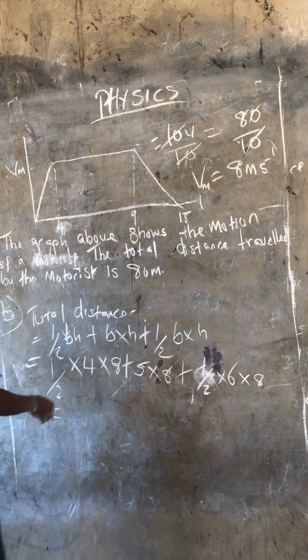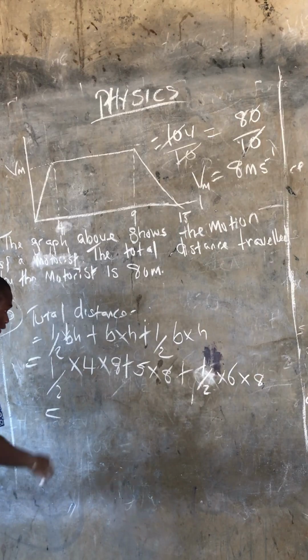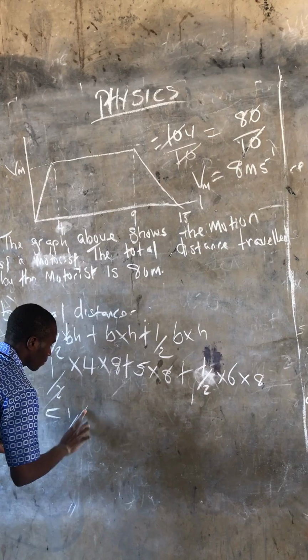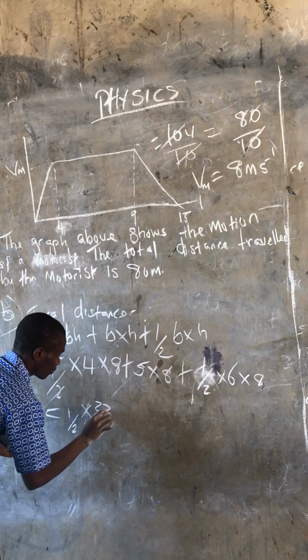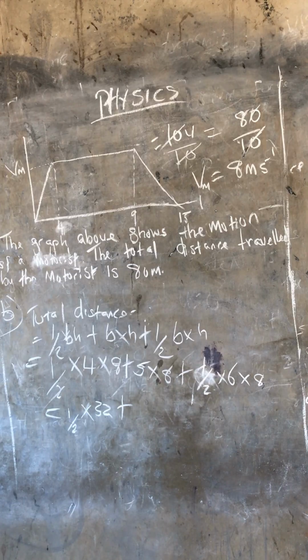So here, the answer is equal to: 4 times 8 is 32. Then let's use half times 32, plus 5 times 8, which is 40.